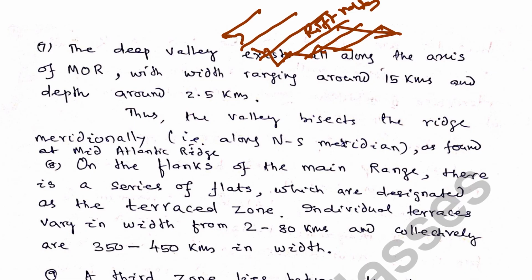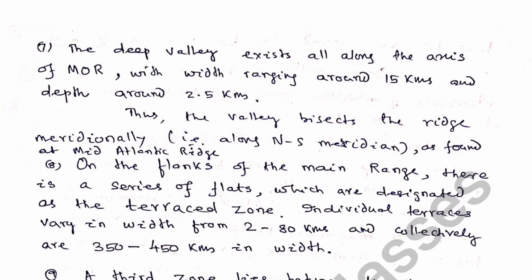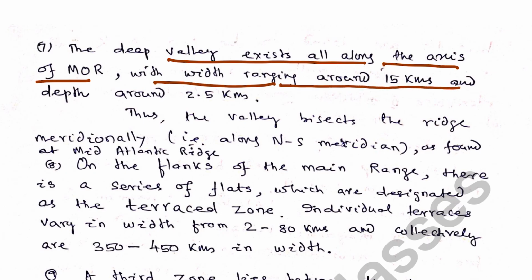As we move away from the ridge axis, these valleys merge with the ocean floor. So we have the ridge, and the central portion of the ridges is occupied by these rift valleys. The deep valley that exists all along the axis of the mid-ocean ridge ranges around 15 kilometers in width, with a depth of around 2.5 kilometers.